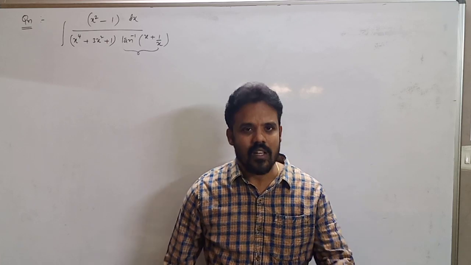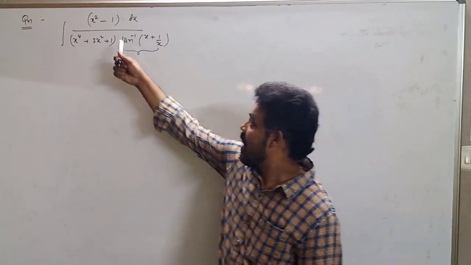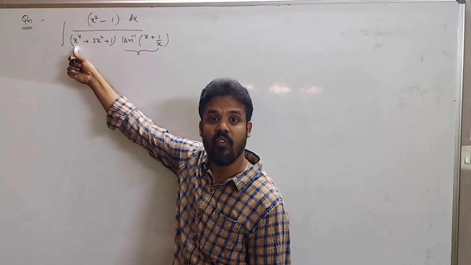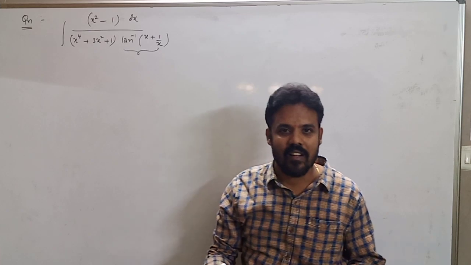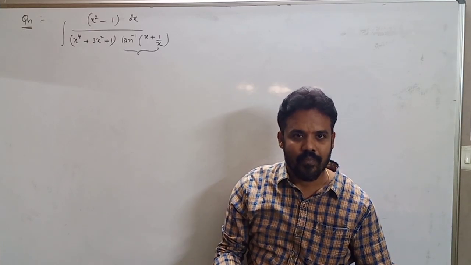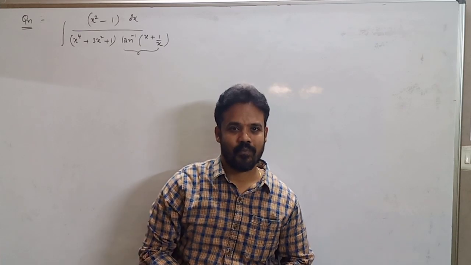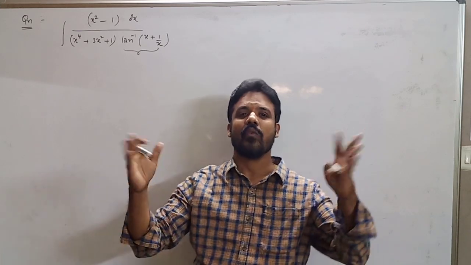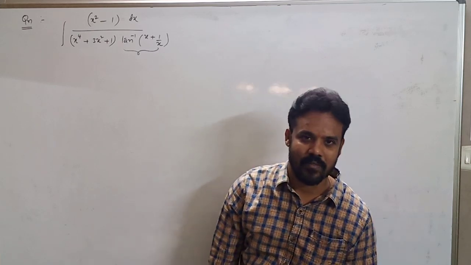Whenever the original point is f of x by g of x, with f of x of degree 2 and degree 4 in the denominator, an x square term by an x power 4 term, the point is to divide by x square in both numerator and denominator. That means taking x square common in both numerator and denominator. That is the important point.